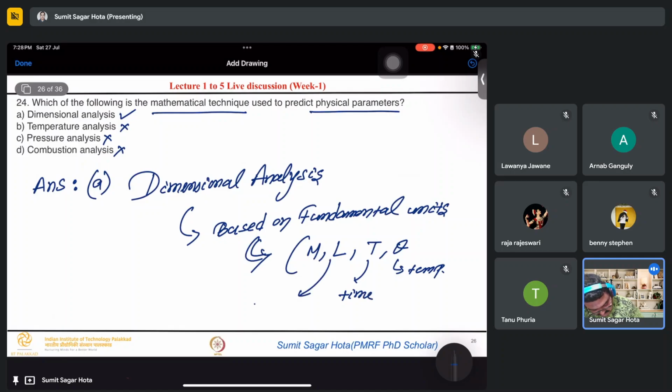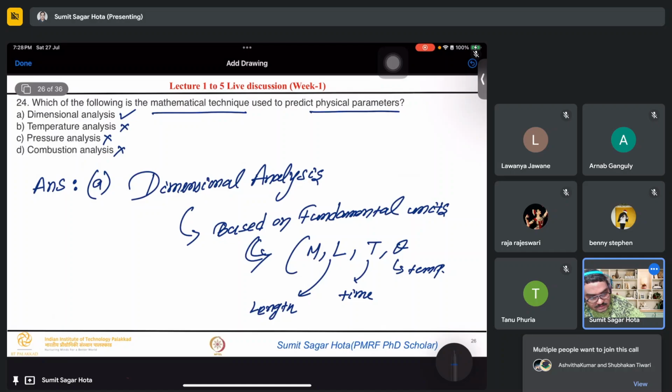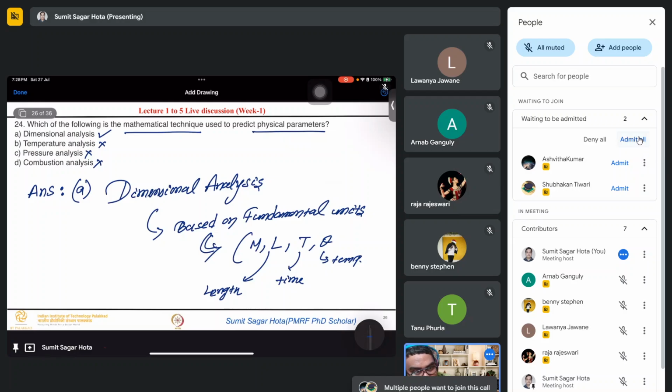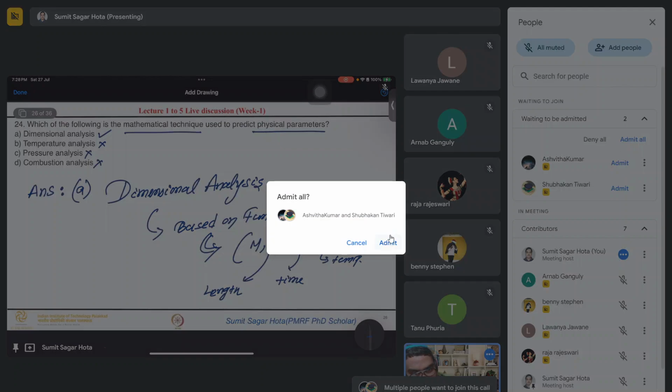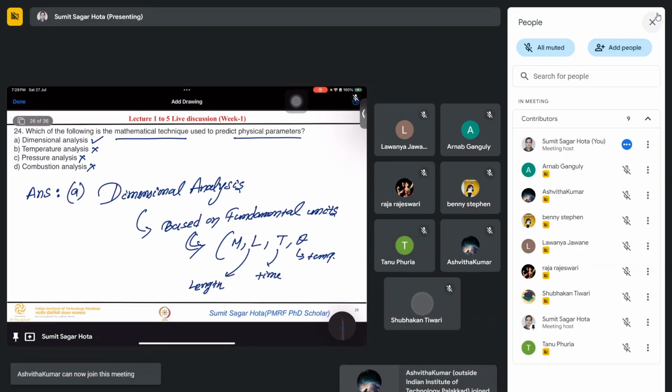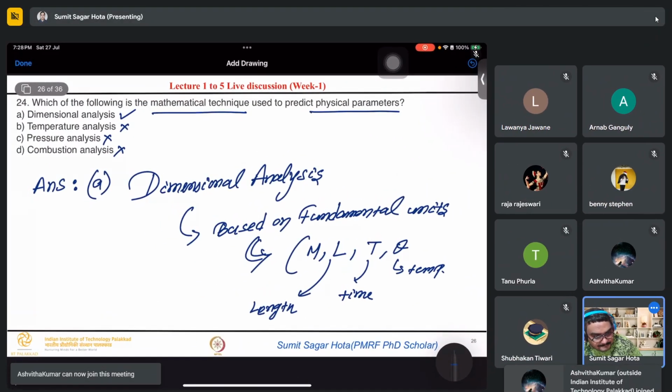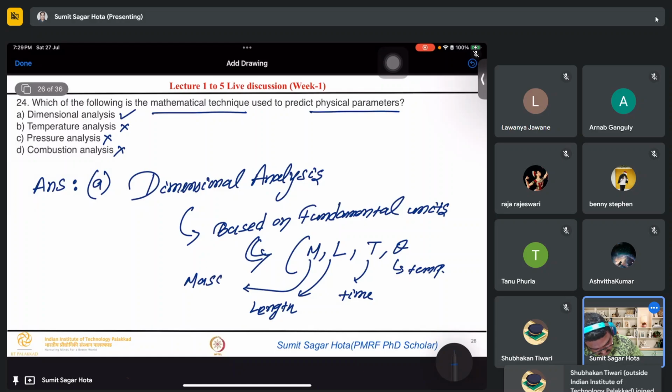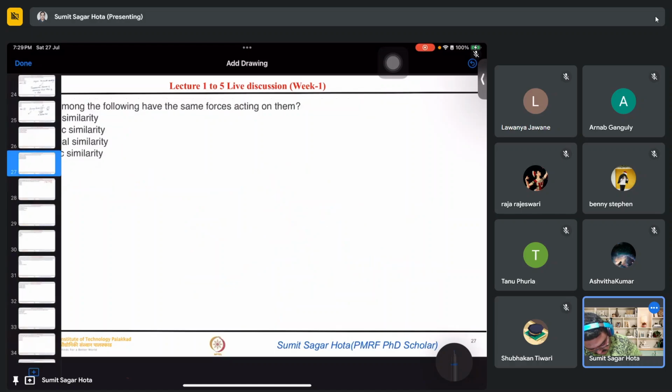This is your length. Okay, so yeah, and this is your mass. So let's go to the next one.